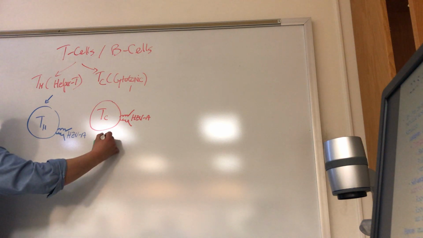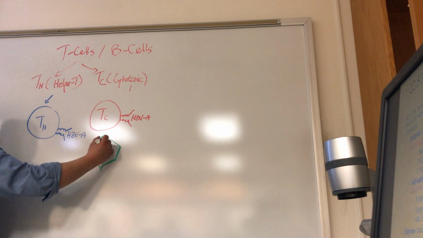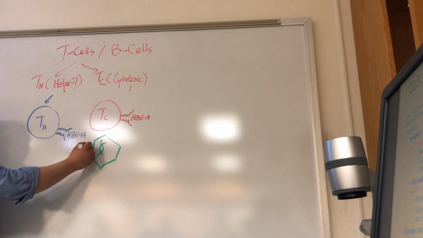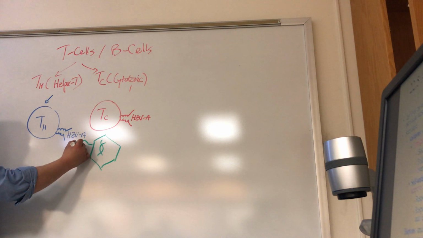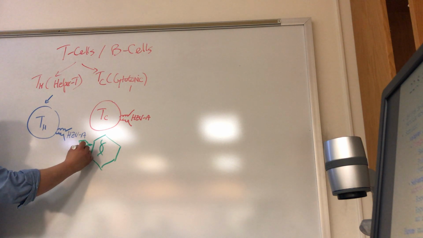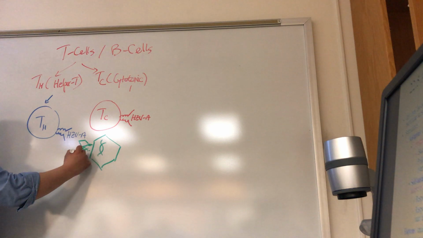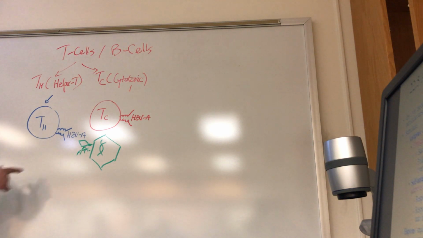it's got an epitope A sticking out of it. Now we have a match, right? The epitope displayed matches the actual protein receptor found on our helper T cell.